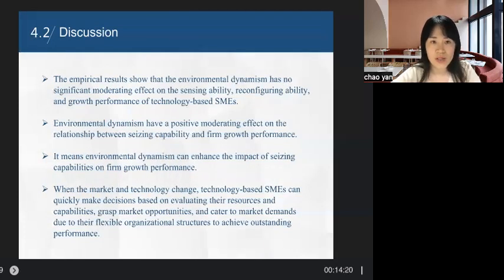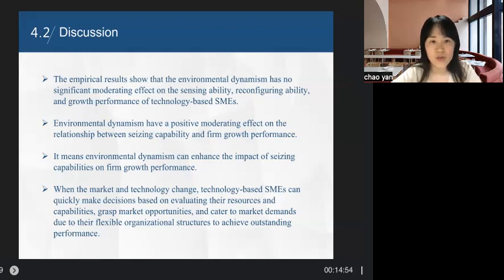The empirical results show that environmental dynamism has no significant moderating effect on the sensing ability, reconfiguring ability, and growth performance of technology-based SMEs. Environmental dynamism has a positive moderating effect on the relationship between seizing capability and firm growth performance.